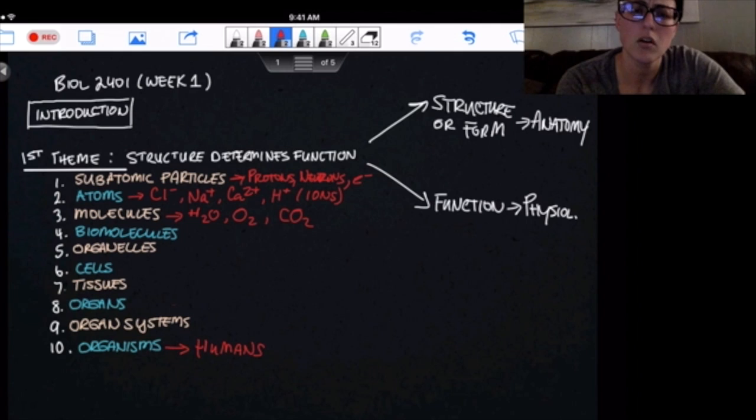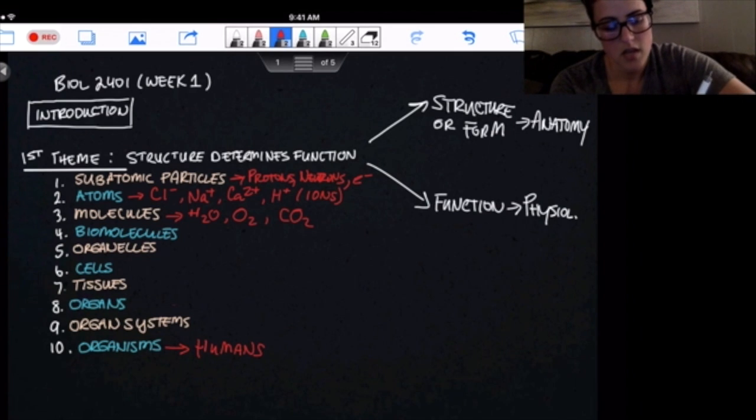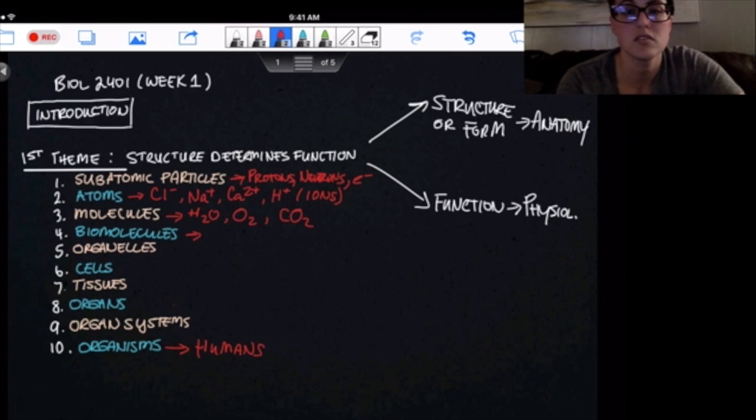So what are biomolecules? As you notice, we're getting bigger as we go down this list. Well, biomolecules are actually just bigger molecules. We take these molecules, put them together along with other atoms, and form bigger molecules. And we put these biomolecules in certain categories, and you already know these, whether you realize it or not.